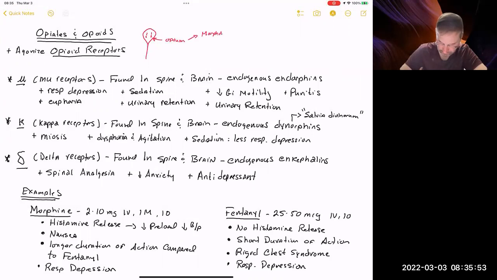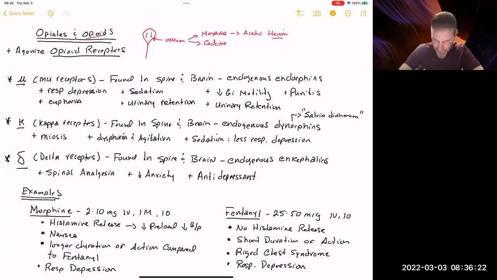It includes morphine and codeine. Something else is what we call an opioid, and that is essentially if you have to do any chemical modification. For example, we can take morphine and we can add acetyl groups to it and create something called diacetylmorphine, which is also known as heroin.